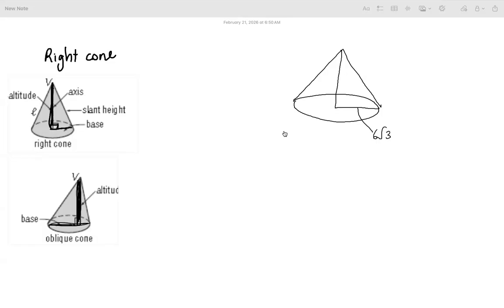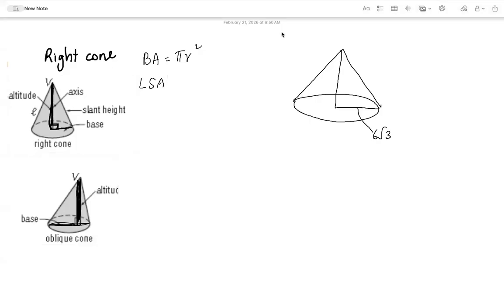Now I did not give you the formula, meaning usually I don't ask you to memorize formulas, right guys? But for the cone alone, I'm going to ask you to. The base area is pi r squared. It's just a circle. But what is the lateral surface area? The lateral surface area is the curvy area of the cone on the sides.